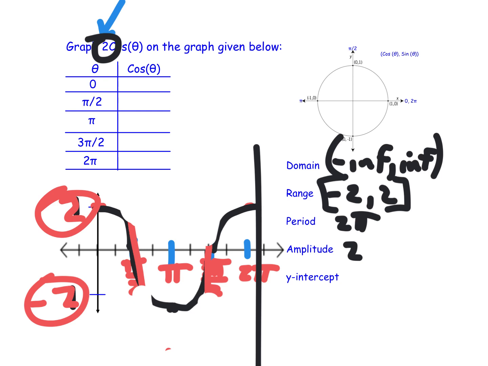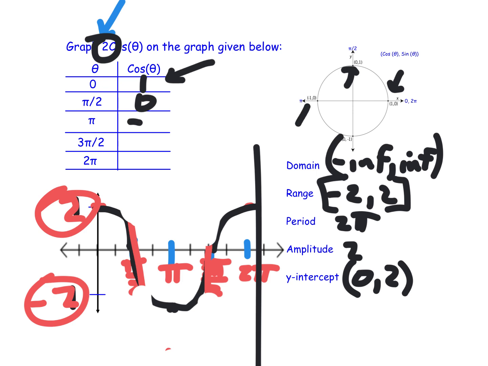And the y-intercept, it used to be at 0, 1. Now it's at 0, 2. And I remember this. These are all 0s and 1s. Kind of. The cosine is the x, and so this will be a 1. And then the x here is 0. And the x here is -1.